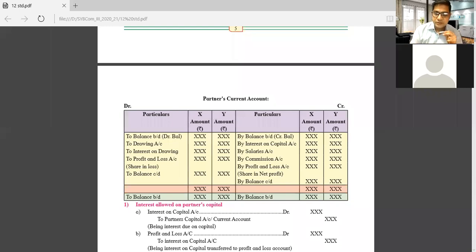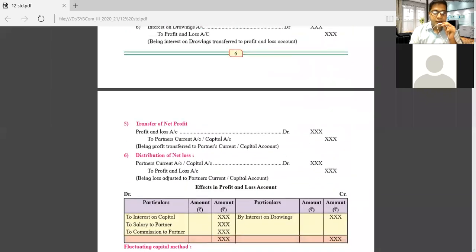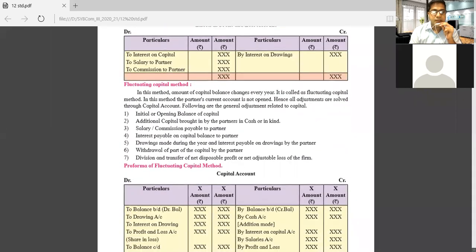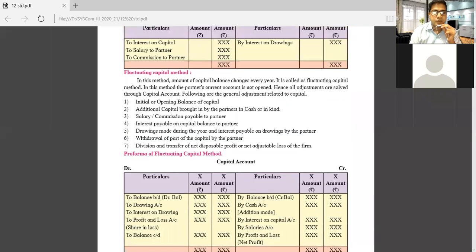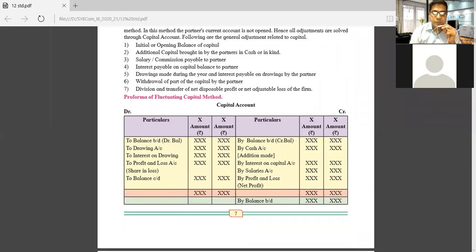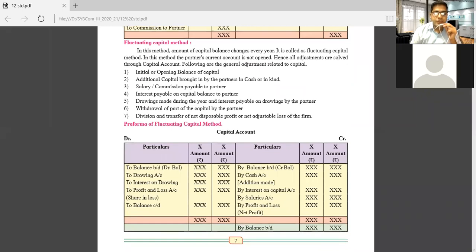Now friends, we will discuss the next method, and the next method is the fluctuating capital method. What does the word fluctuate mean? Fluctuating means up and down.